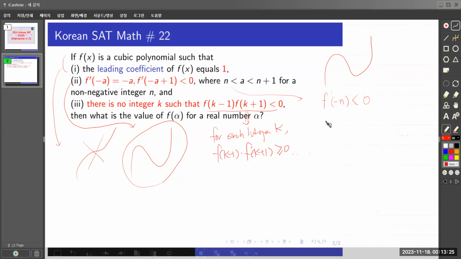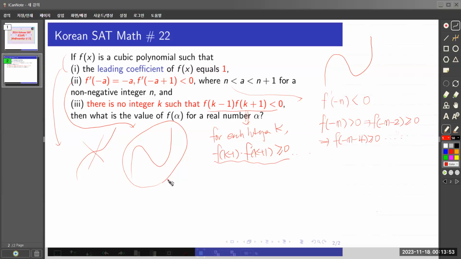So if we investigate f(-n), if f(-n) is positive, then because of this condition, f(-n-2) is also greater than or equal to 0. And similarly, f(-n-4) is also greater than or equal to 0.